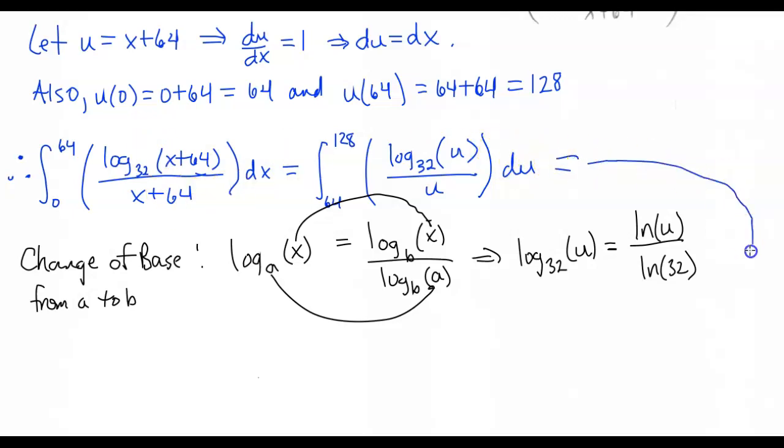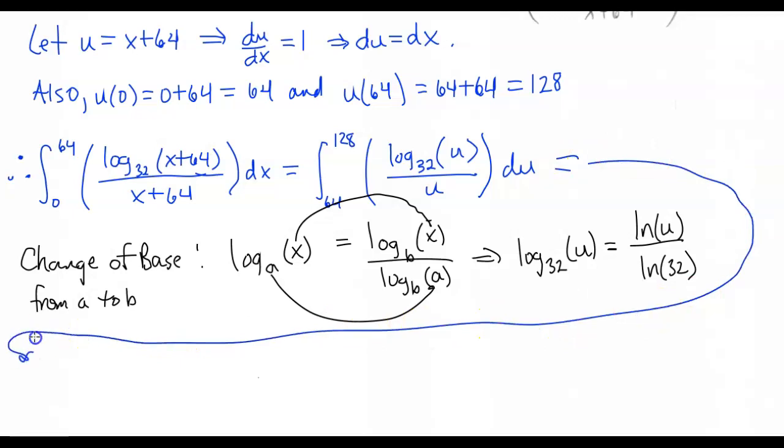So we have the integral from 64 to 128, and instead of writing log base 32 of u, I'm going to rewrite it as natural log of u over natural log of 32. We'll do the implied 1 divided by u here times natural log of u divided by natural log of 32, and that will be du there.